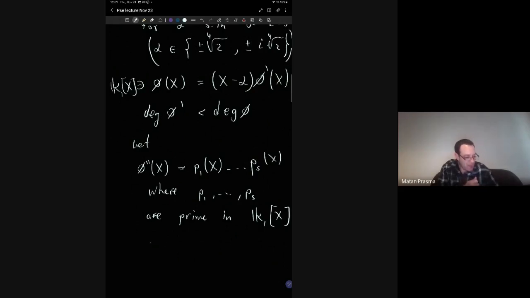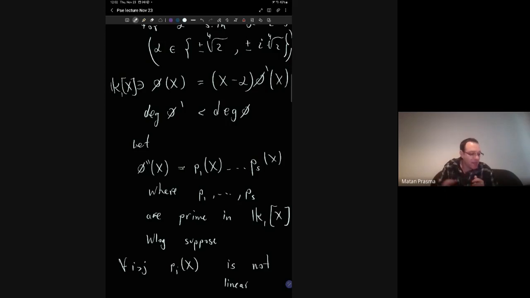I mean, without loss of generality, suppose Pi of x is not linear for every i bigger than some index in the middle, I mean, some j.